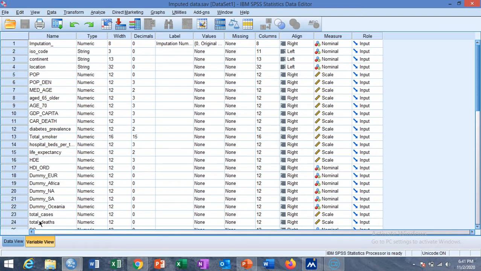We just check whether the total death follows a Poisson distribution or not.